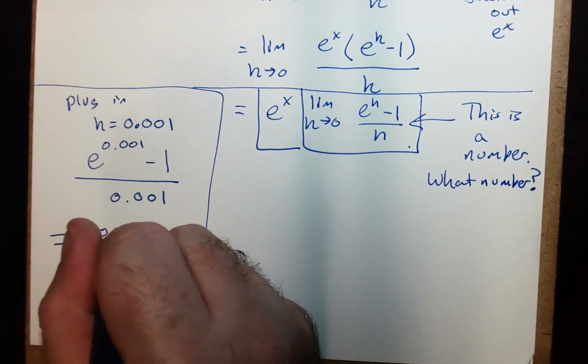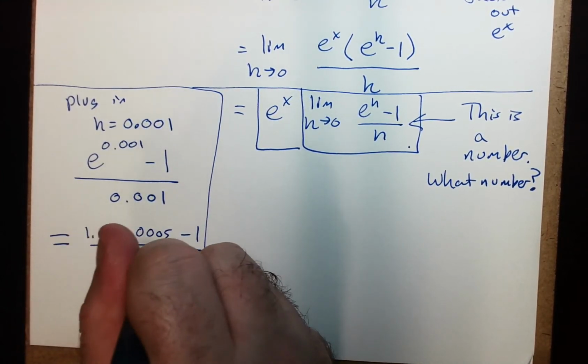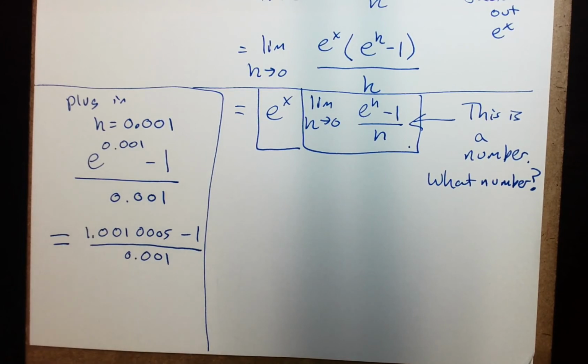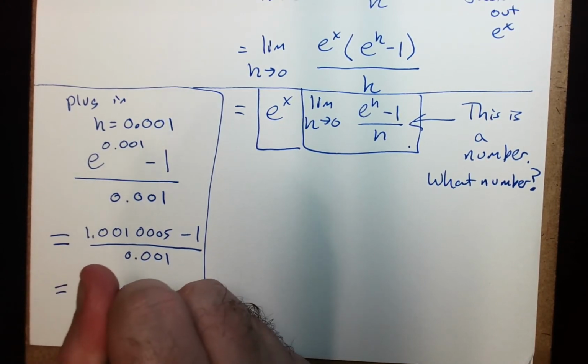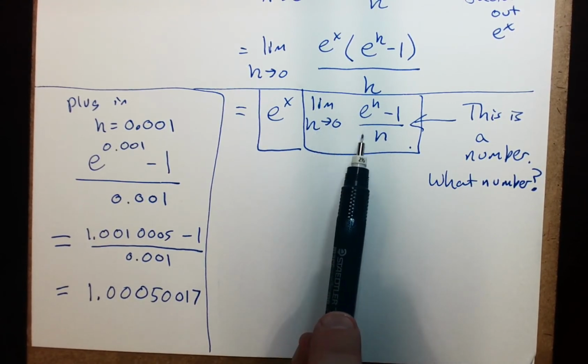E to the x. So this is like 1.0010005 something, minus 1, over 0.001. So you work this out, subtract, and then divide by 0.001, and then this works out to 1.0005017.